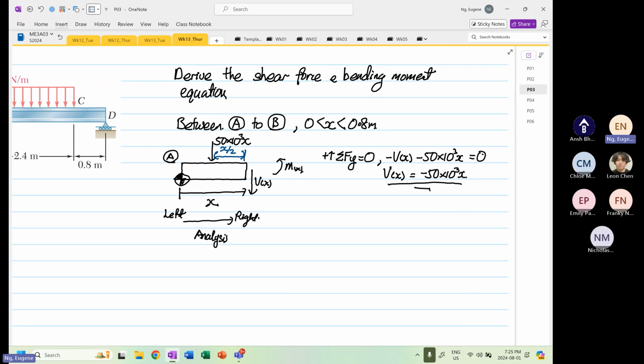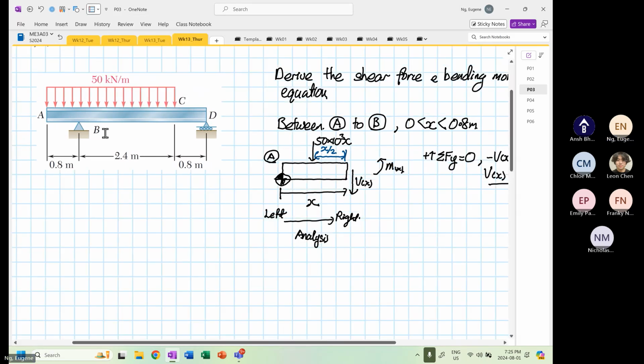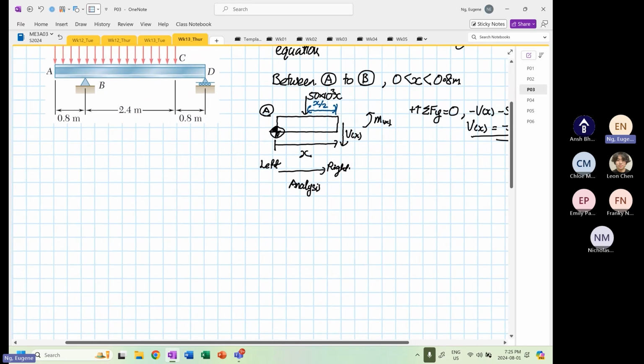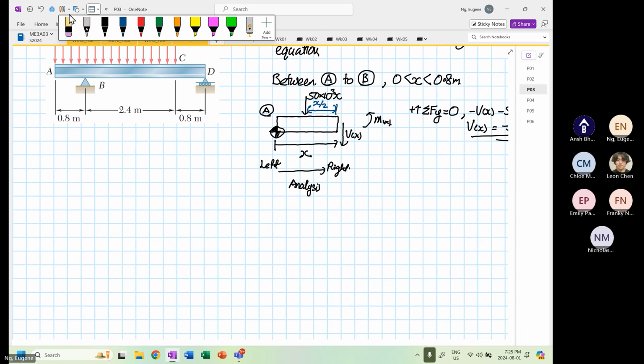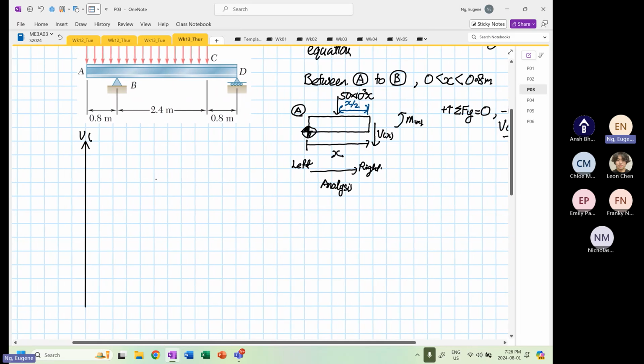Okay, so what does this mean physically? So I'm going to put in some magnitude. So you have shear force V, and this is times 10 to the power 3.